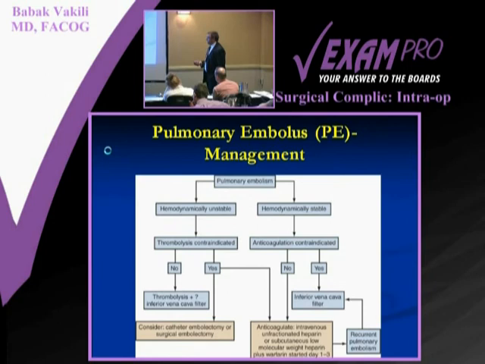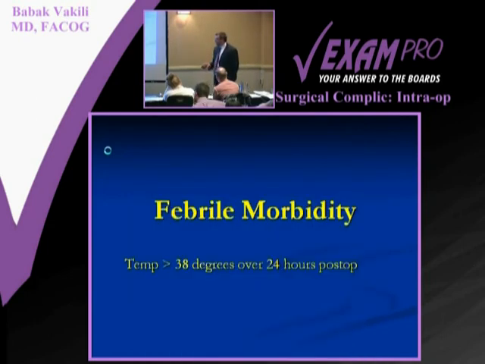If they can be anticoagulated, you do it: heparin, low molecular weight heparin, whatever you want to give them. If they are not able to be anticoagulated, you filter them, possible embolectomy, go from there. But most of the time, they're not going to give you a patient who can't be anticoagulated.